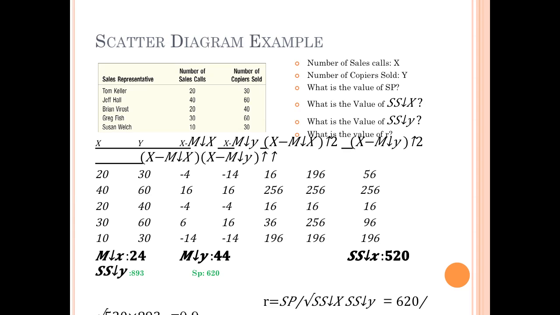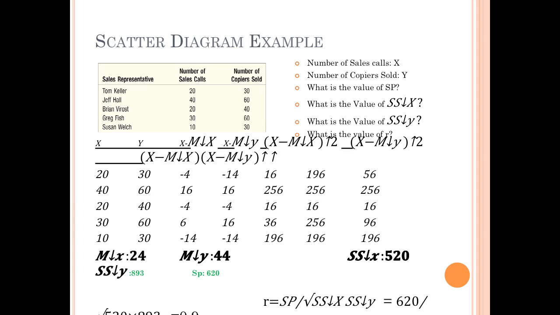So the arrows here are indicating either superscript or subscript, depending on which way they're pointing. And so first you figure out your mean of X, which is 24. And your mean of Y is 44.